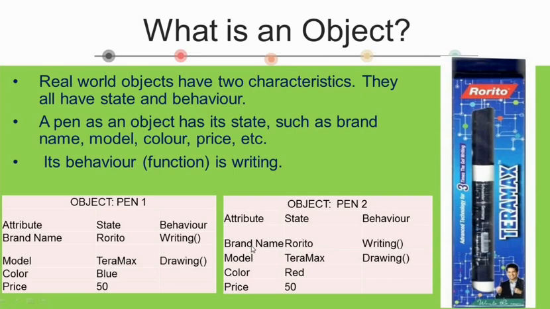What is the value of the attribute brand name? Again Rorito. You will say, sir, it's the same. Fine. What about the model? The model is Terramax. That's also the same. But what is the difference? The color. Maybe the color of that object might be different. Suppose it can be red, black, green or any other color. So this attribute or this state is differentiating this object from that object.